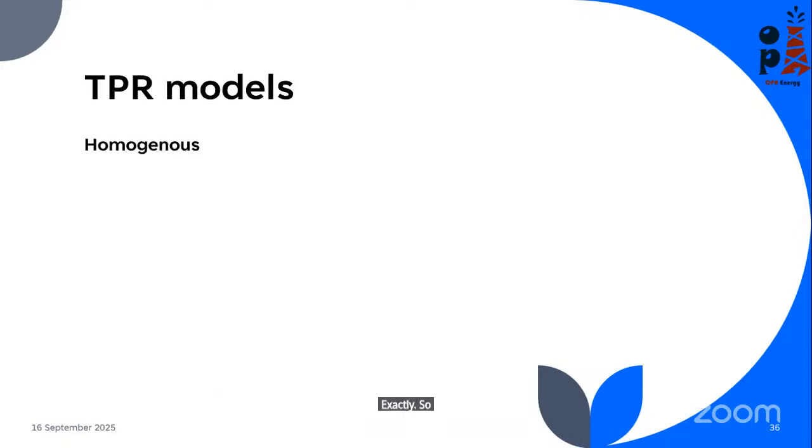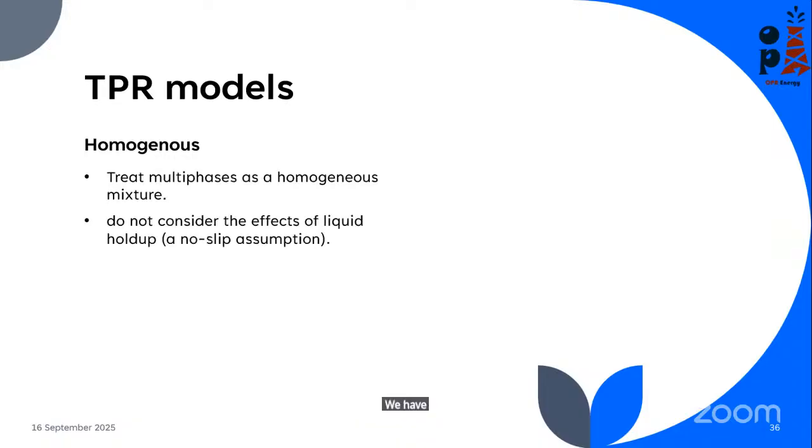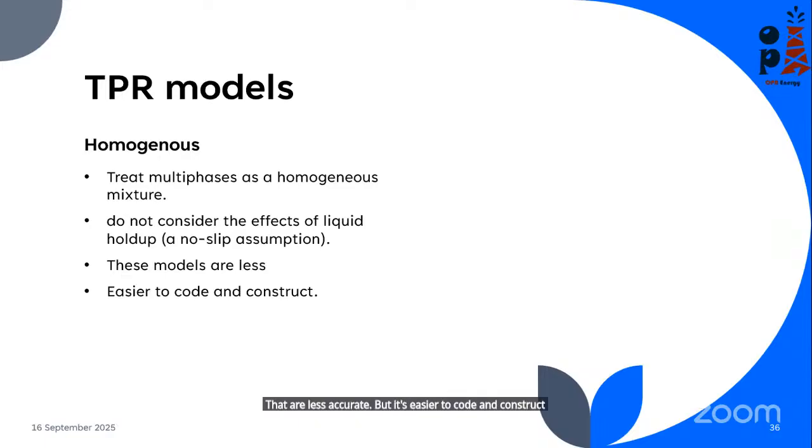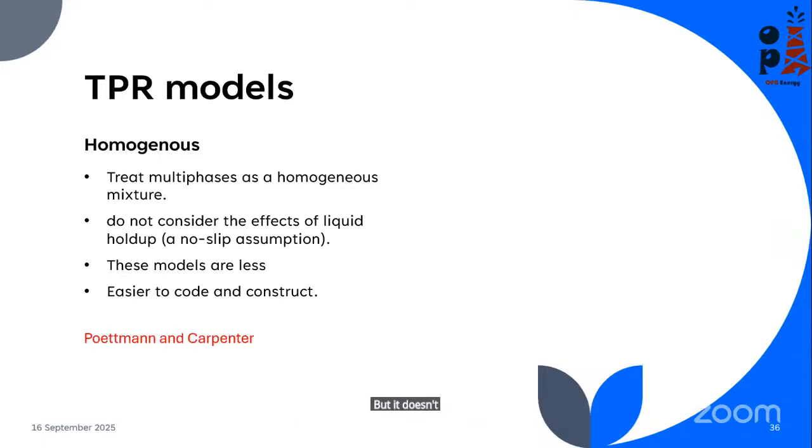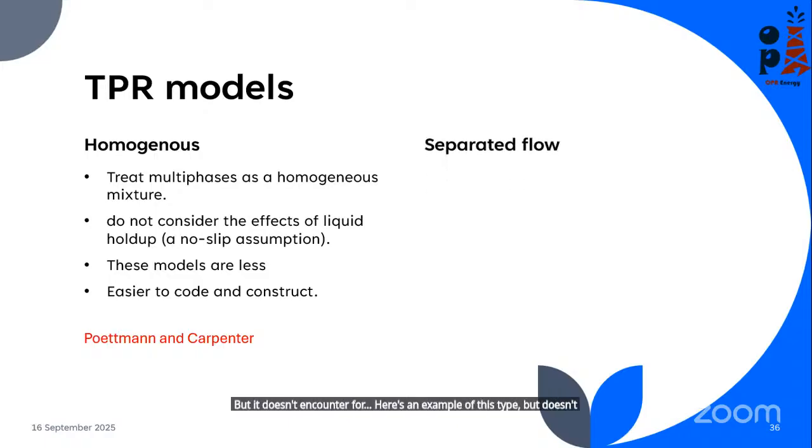So we have to calculate pressure drop. We have two systems. The homogeneous system is the old one, which is less accurate, but it's easier to code and construct in a data sheet or something, but it doesn't account for liquid holdup.